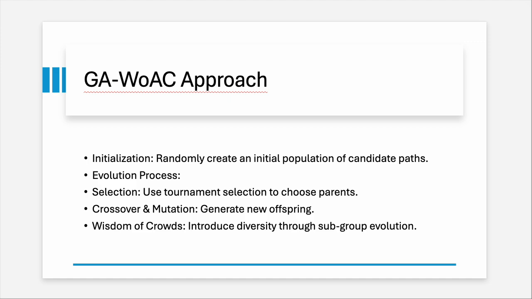This independent evolution fosters diversity and reduces the risk of premature convergence. Once the subgroups have evolved, the best solutions are merged to form a new, diverse wisdom population. This ensures the entire population benefits from the strengths of each subgroup, making the search more effective.